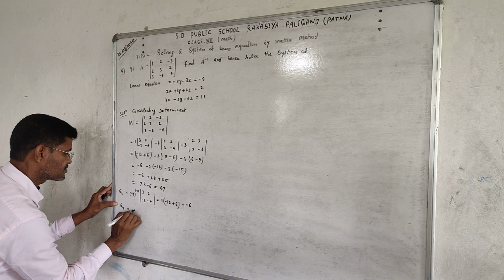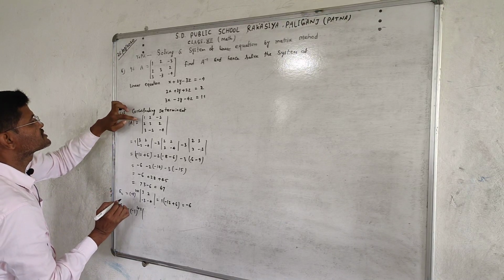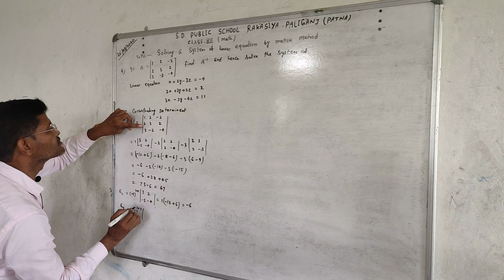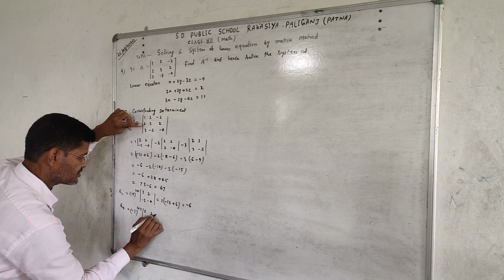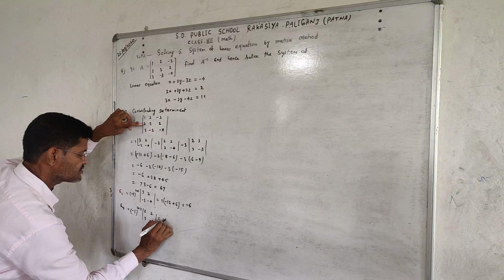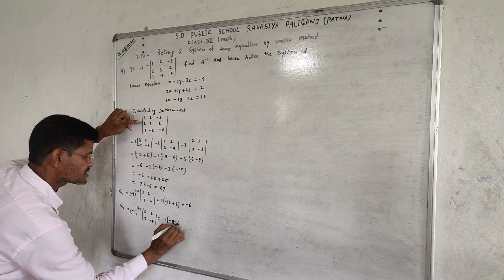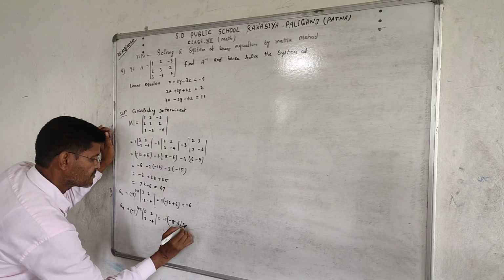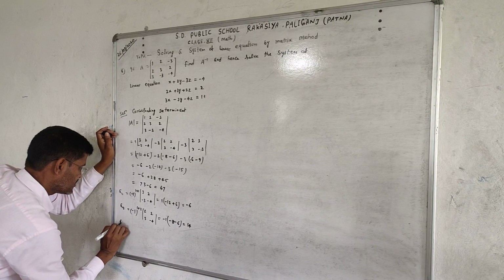A12 is (-1) to the power 1 plus 2 into the determinant of [2, 2; 3, -4], which is minus 1 into minus 8 minus 6, equal to minus 14 into minus 1, equal to 14.